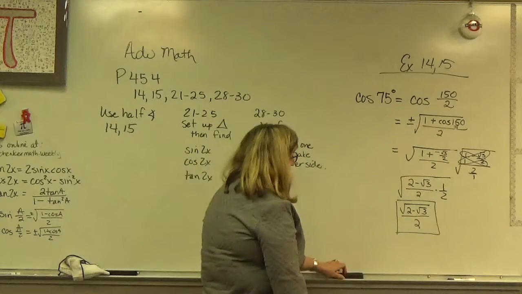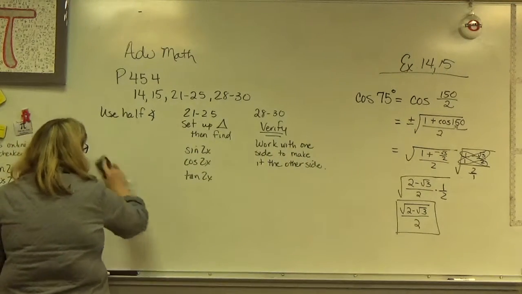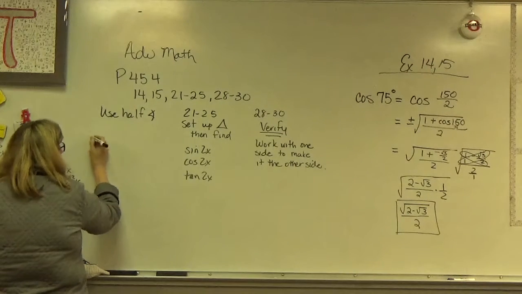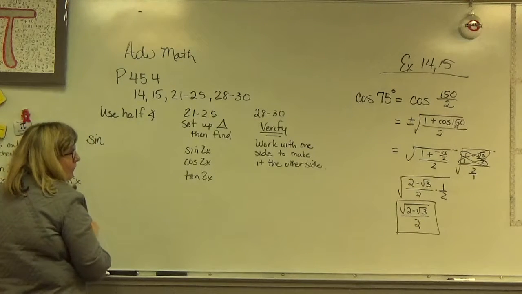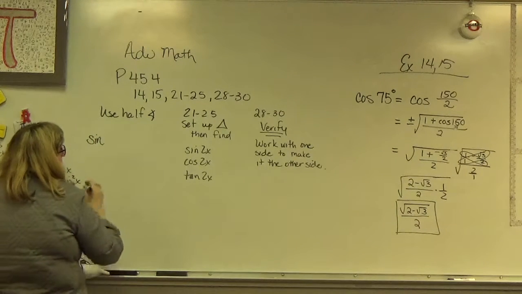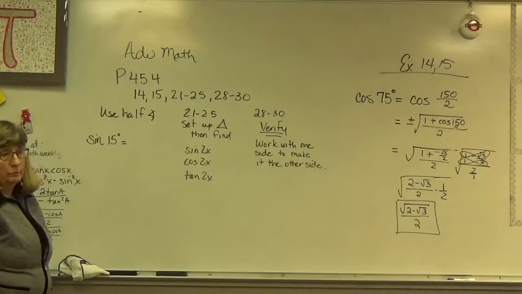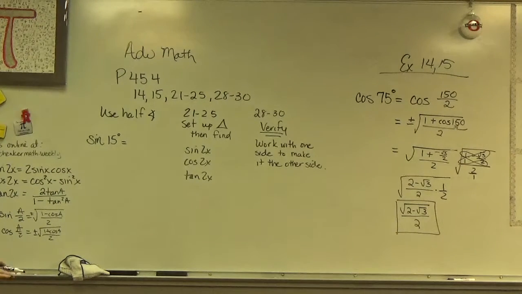Let's do another example. Don't need to write this one down. I'm just gonna put it right in here. Let's say I want the sine of 15 degrees. So what did I do first to find the sine of 15?